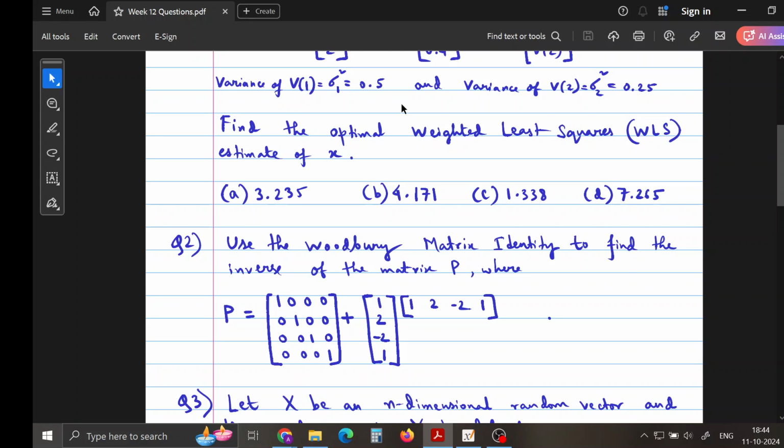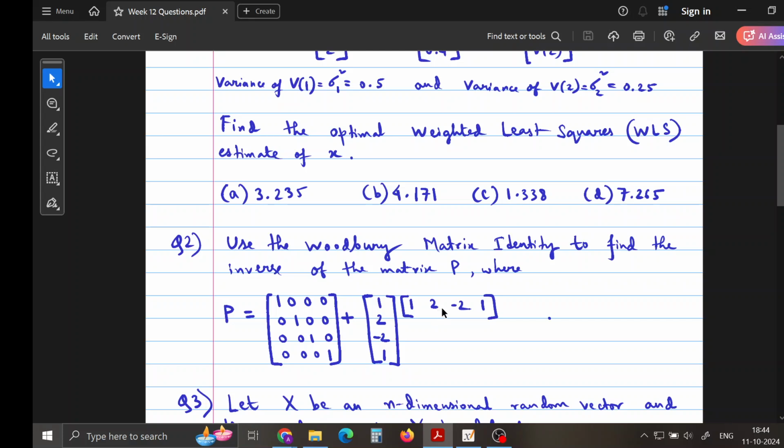It's a sum of this 4 by 4 identity matrix and this product of two vectors, right? So you have a column vector 1, 2, minus 2, 1 times its transpose, basically, 1, 2, minus 2, 1 as a row vector. So this will also be a 4 cross 4 matrix.